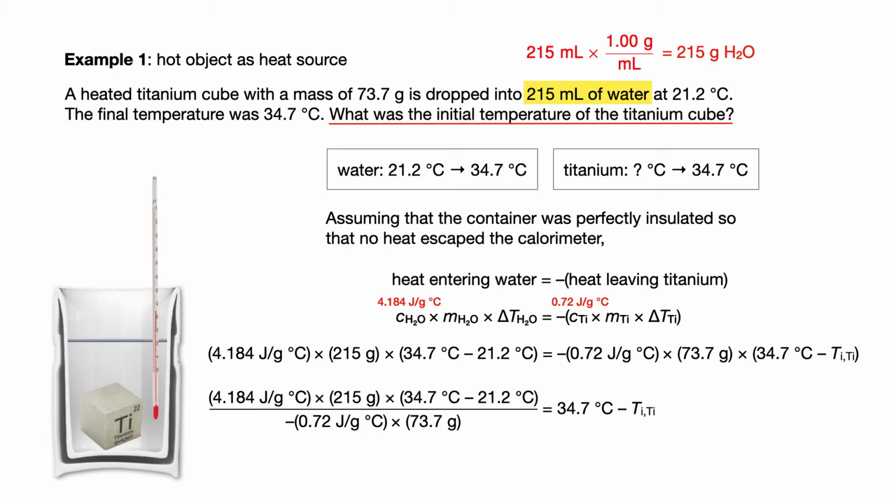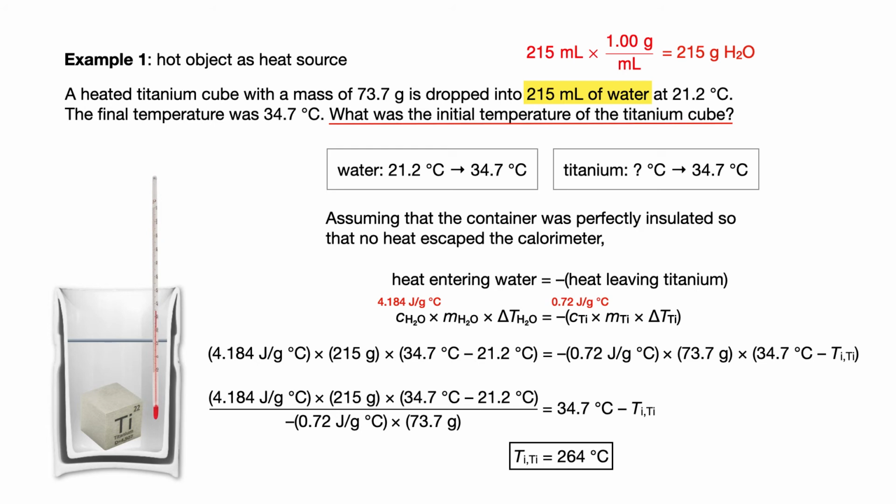And then putting things into the calculator, we can find that the initial temperature of titanium was 264 degrees Celsius for this problem. Okay, so this is one example. This is an example where the heat source was a hot object, and so it was sort of a physical process of a hot object cooling off.